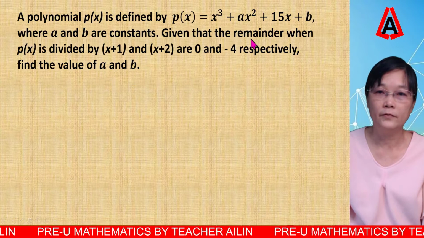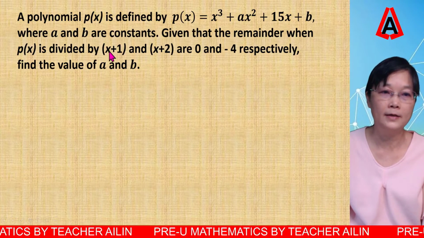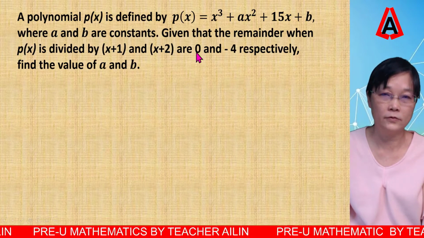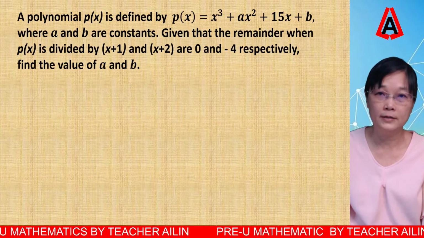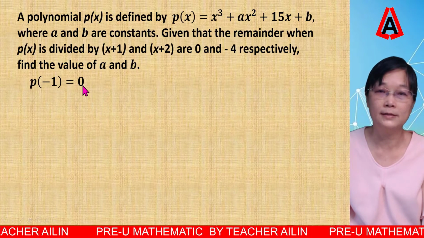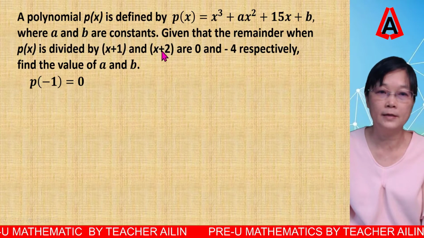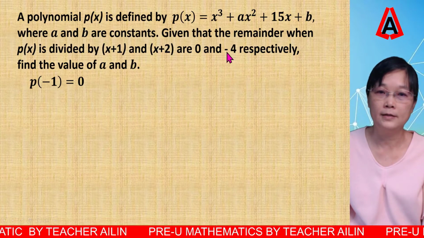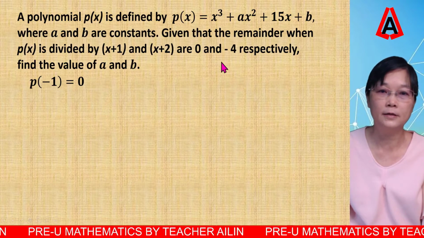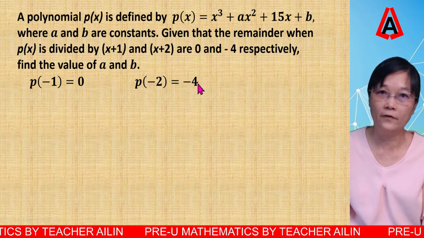From the question, we know that when p(x) is divided by x plus 1, the remainder is 0. Based on the remainder theorem, this can be written as p(negative 1) equals 0. We also know that when p(x) is divided by x plus 2, the remainder is negative 4, so this can be written as p(negative 2) equals negative 4.